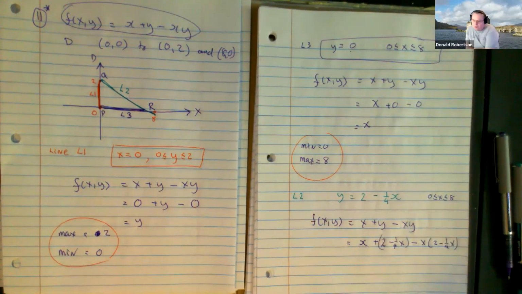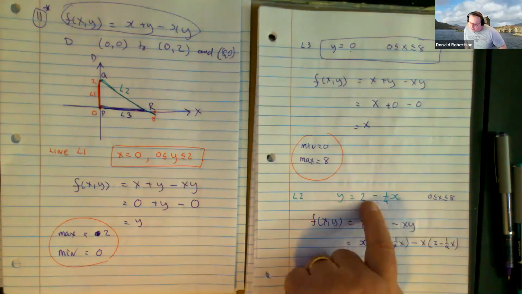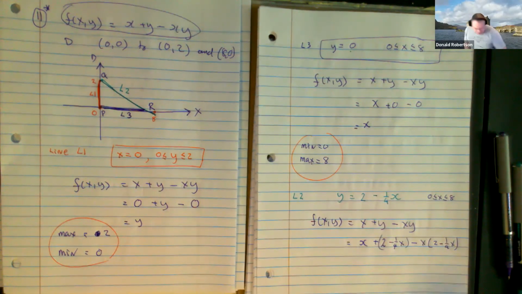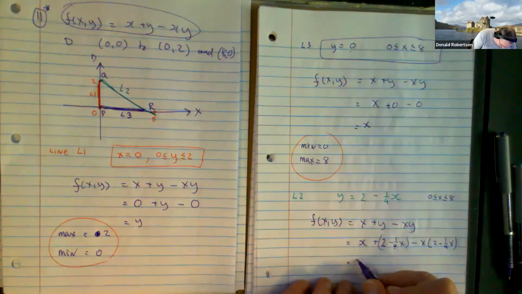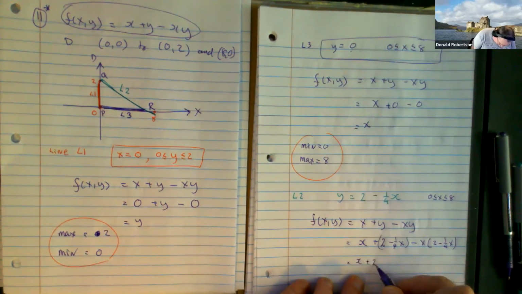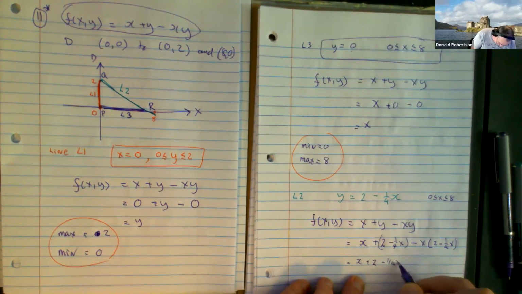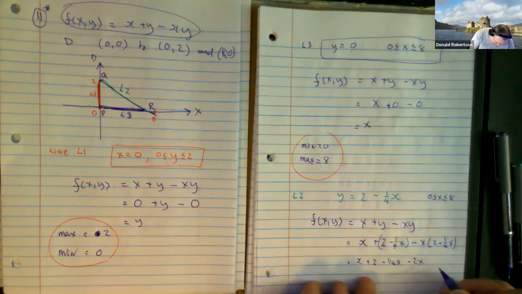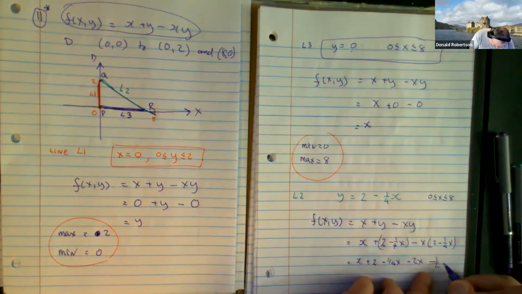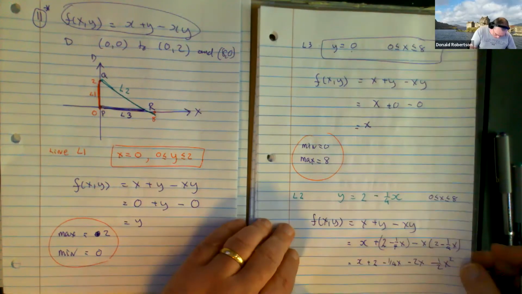Are you comfortable that what I did there was replace the y by its expression in terms of x? Which in turn then becomes x plus 2 take away 1/4 x, take away 2x, take away 1/2 x squared.